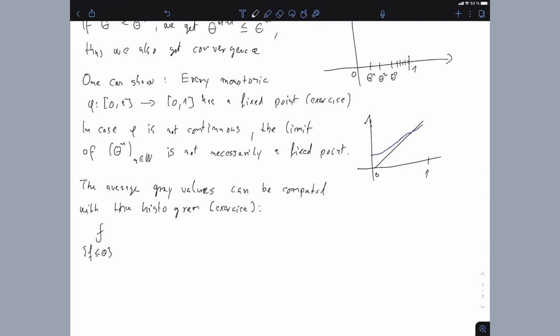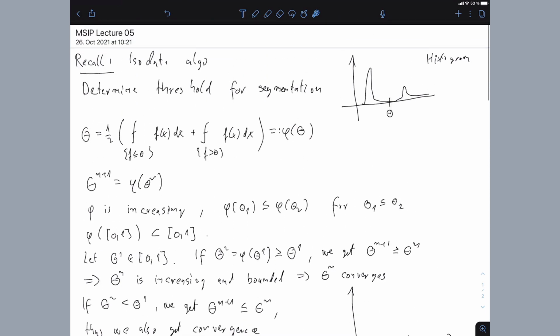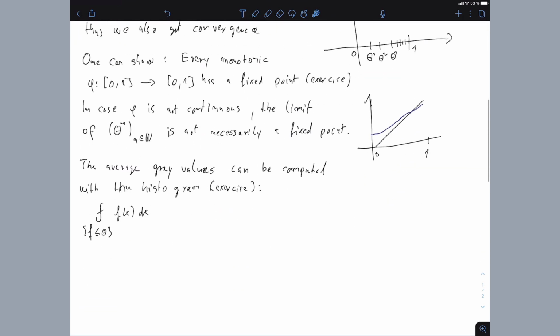So this mean value of f in the sublevel set for theta, this is the first of our values that we need. We can compute with the histogram by integrating s times the characteristic function from -infinity to theta with respect to the histogram.